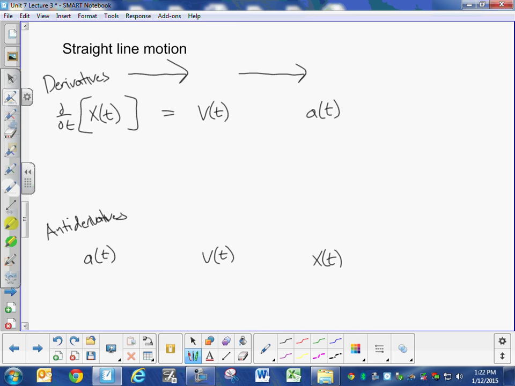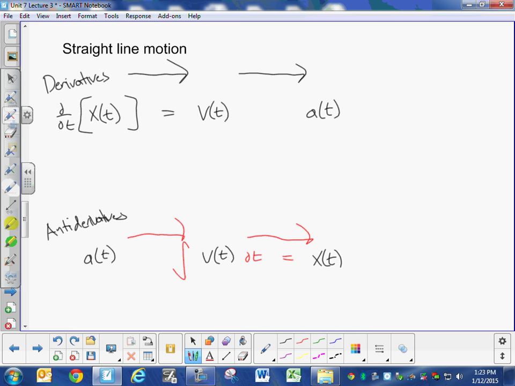Well, antiderivatives would go the opposite way. If I took the antiderivative of my acceleration function, I would get a generic velocity function. If I took the antiderivative of my velocity function, I would get my position function. Should make sense, right?